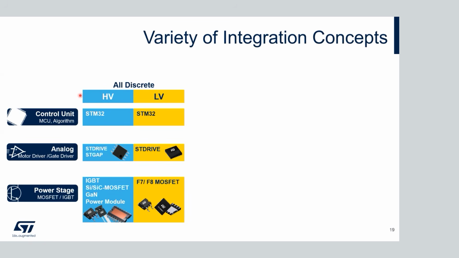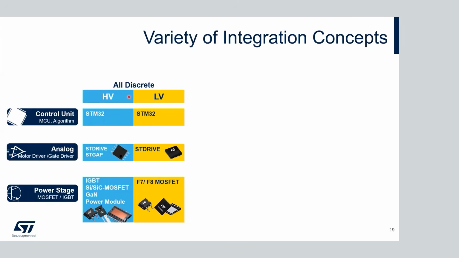So in an all discrete version, we can split between a high voltage solution and a low voltage solution, because we have different product families for these two different voltage rails. Low voltage, for instance, means voltages up to 100 volt DC. High voltage is up to 1200 volt DC breakdown voltage.